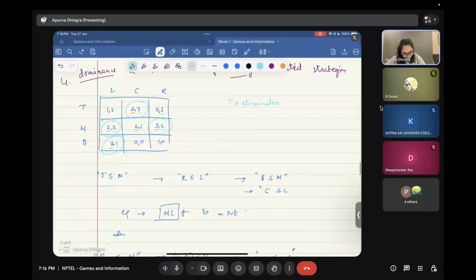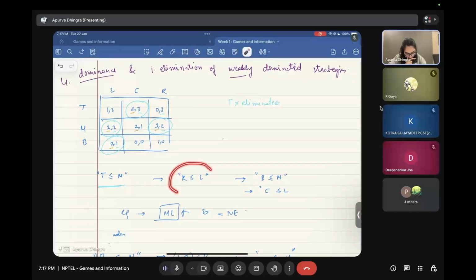Then what we did next is, this is the first step. In the next step, we are comparing R and L. We are comparing these two. And in this comparison, oh, have I written it wrong? Three, two, two, two, 1, 0.